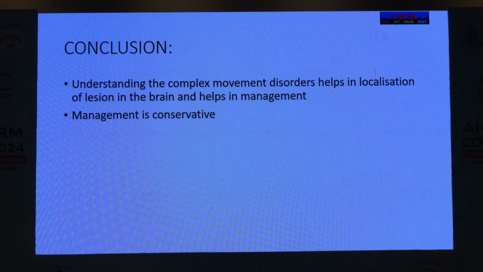The management is conservative, mainly glasses and prisms, and Jyoti told about the medical treatment for nystagmus, usually in association with the neurologist. Baclofen is the commonest drug used for nystagmus associated with these conditions. And of course, as ophthalmologists, we can give prisms and glasses. Botox can also be used in temporary cases.